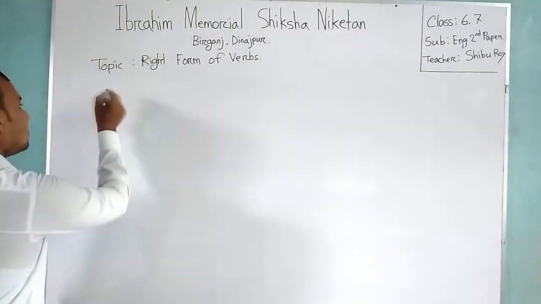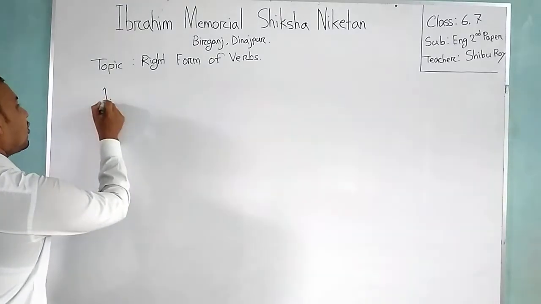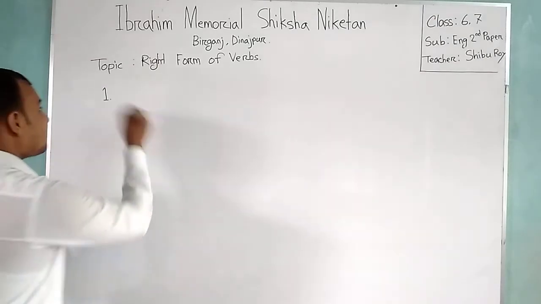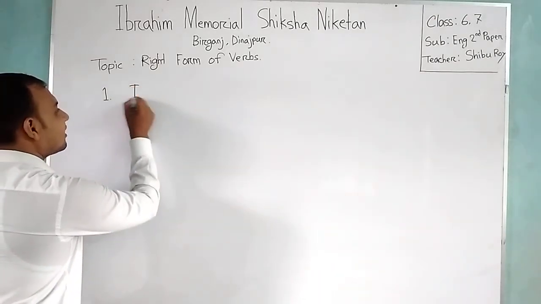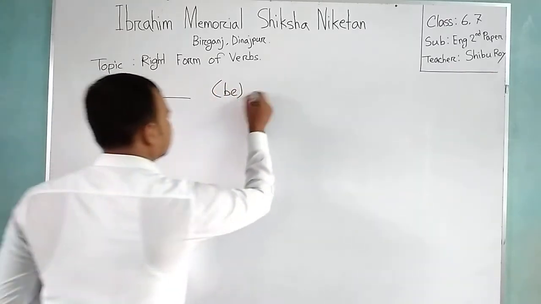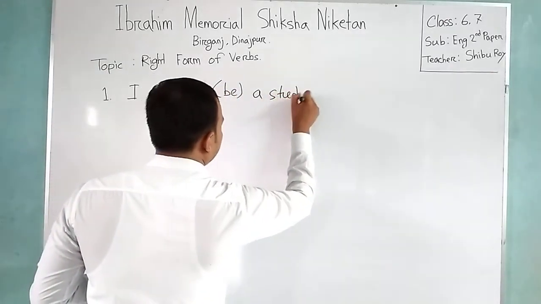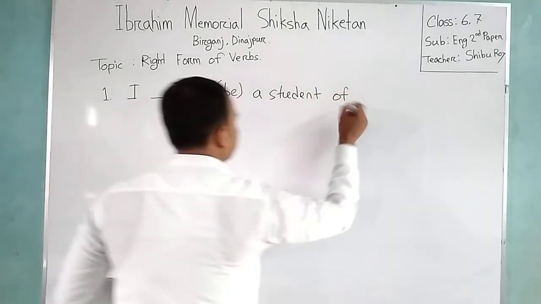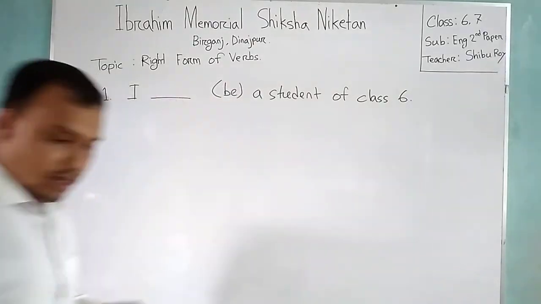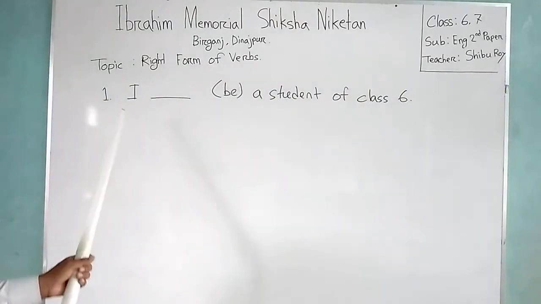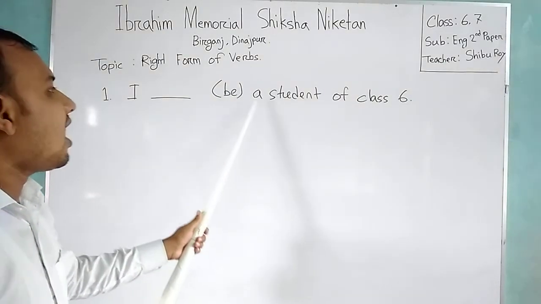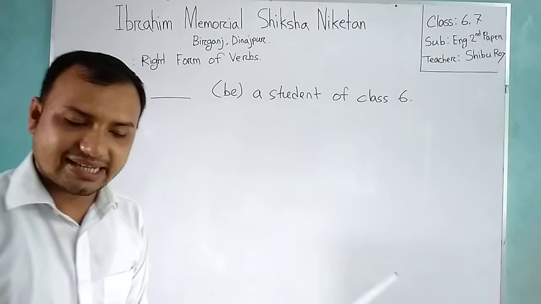So now I am going to the real part of right form of verbs. I am writing a sentence here: I dash, bracket, be a student of class 6.